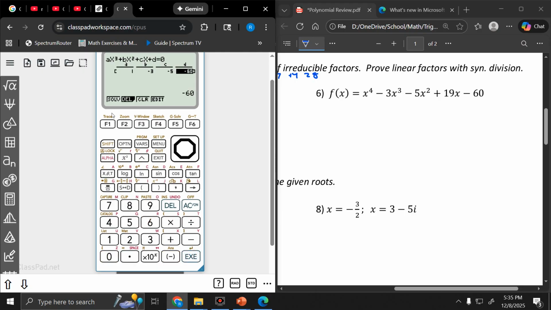And I see, after I solve it, nothing worked. Oh, I didn't actually select degree 4. Degree 4. All right, try again.